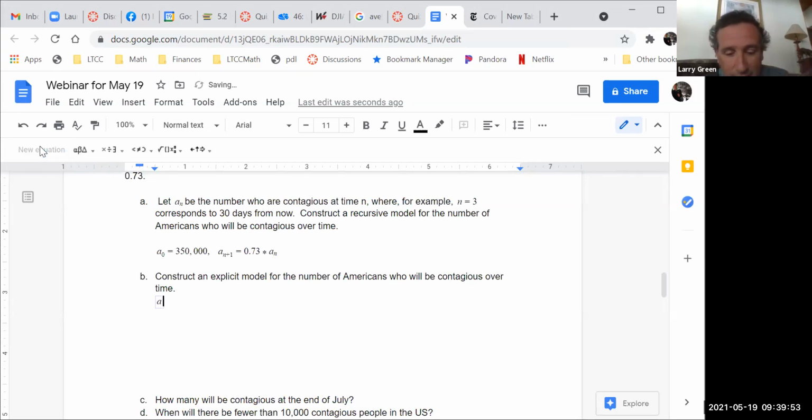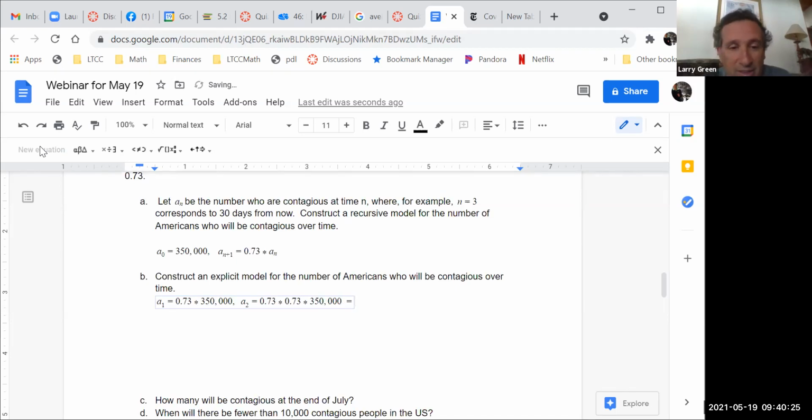So A sub 1 equals 0.73 times 350,000. A sub 2, by the recursive, says that we're supposed to multiply that by 0.73. So 0.73 times 0.73 times 350,000.